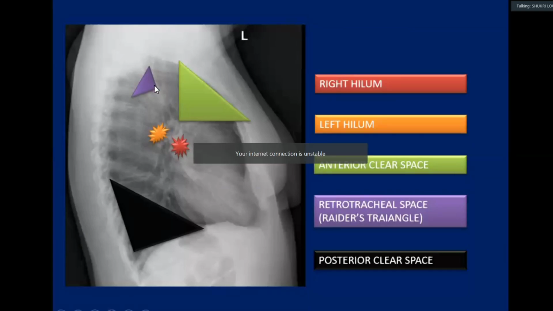There's the retrotracheal space, or the so-called Raider's triangle, which is located between the trachea, the aortic arch, and the anterior aspect of the spine. Definitely, the right hilum is usually located anterior and inferior to the left hilum.